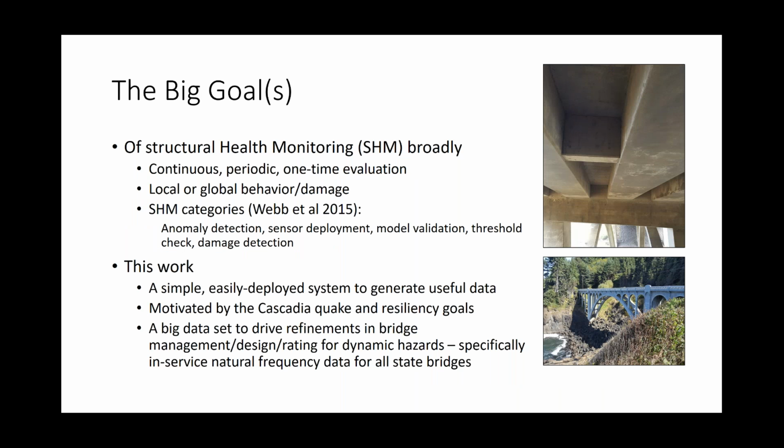So I started doing quite a bit more research just into structural health monitoring broadly, realizing that in general, systems are either created for continuous monitoring of a structure, periodic monitoring every month, every year, something like that, or a one-time evaluation of a structure. And the type of system you might use is going to vary depending on your goals.